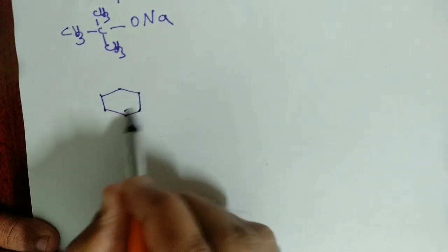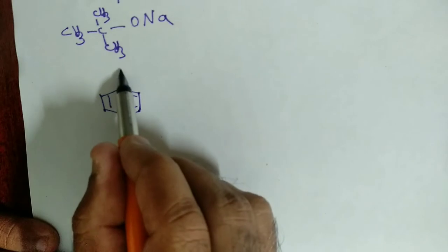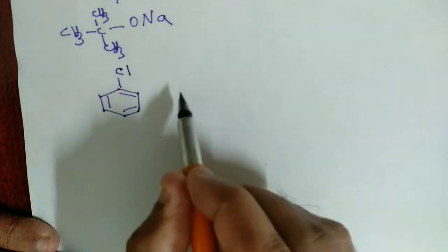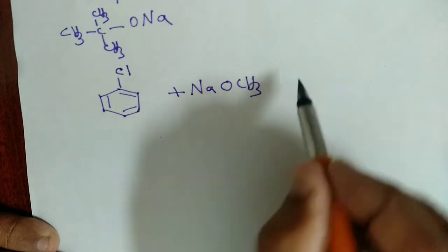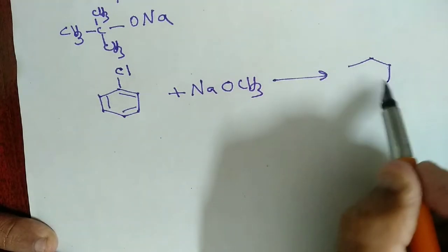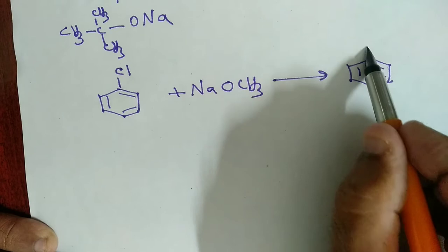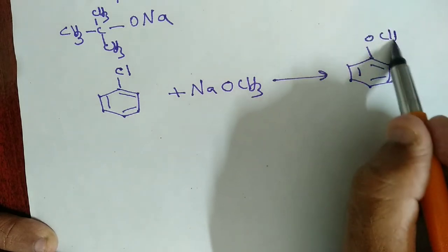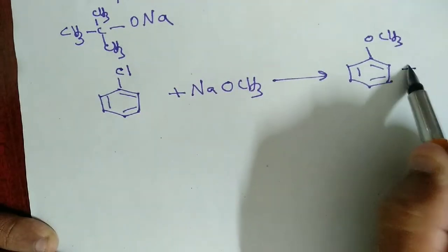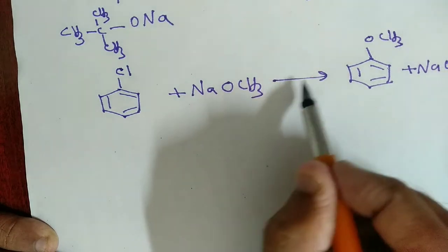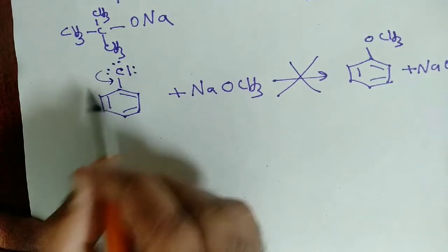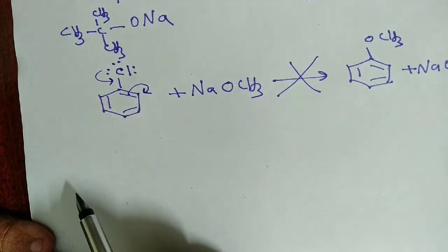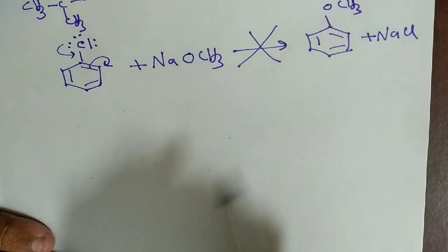Aryl halides like chlorobenzene do not give this reaction. That is, anisole cannot be prepared from chlorobenzene by reacting with sodium methoxide. It is due to the partial double bond character of the carbon-chlorine bond.